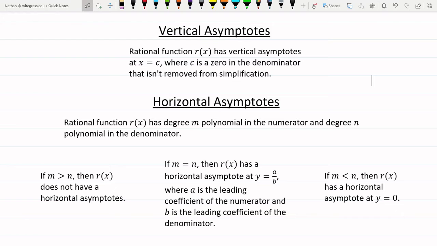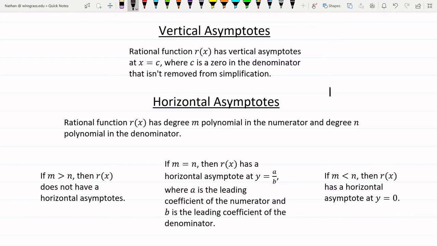Horizontal asymptotes are kind of the same idea, except there's only going to be one in the rational function. And the way you find it is you have one of three cases. First, for a rational function, we designate the letter m as the degree of the polynomial in the numerator, and the letter n as the degree of the polynomial in the denominator.